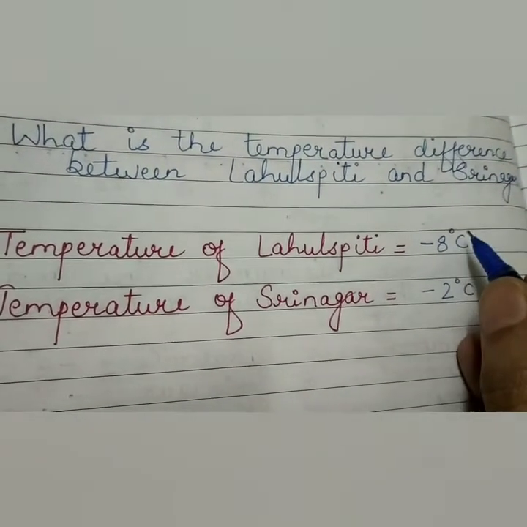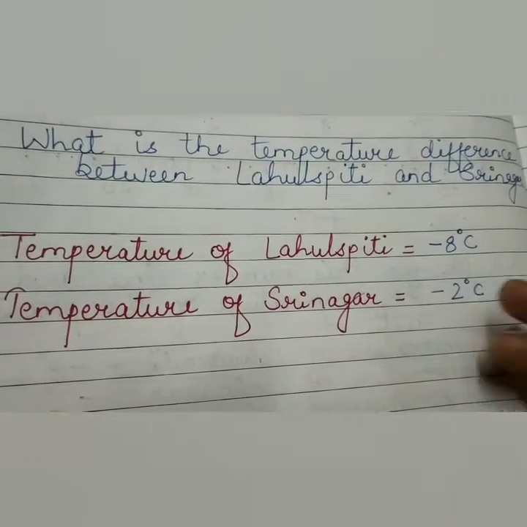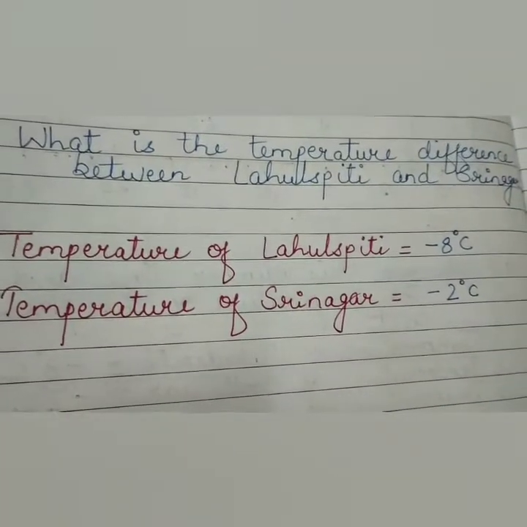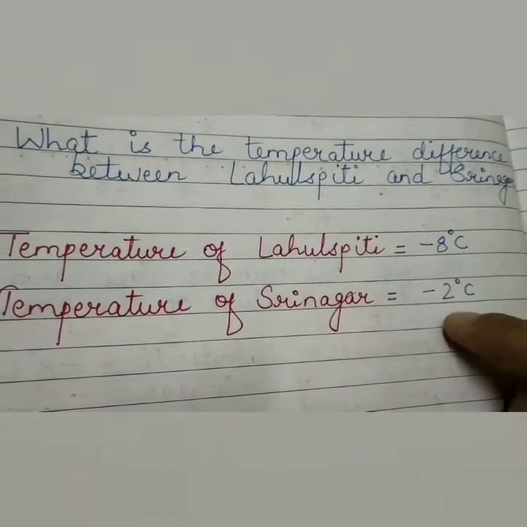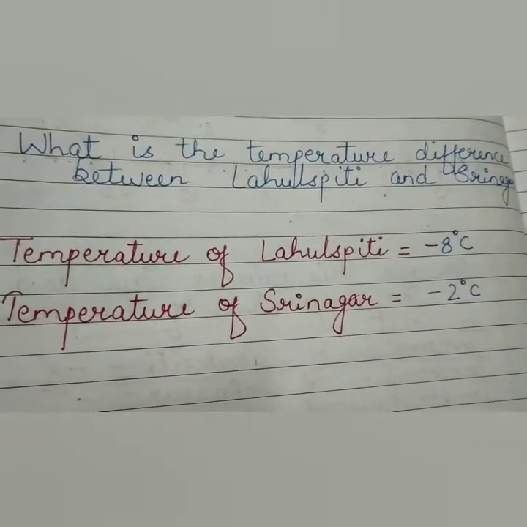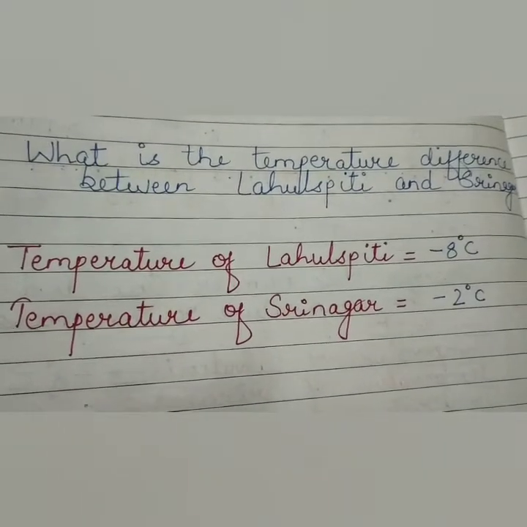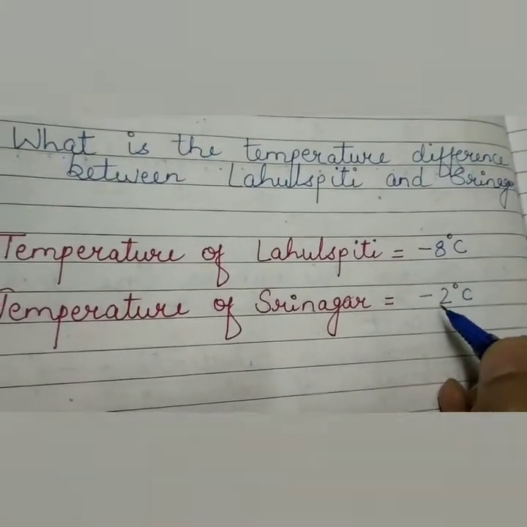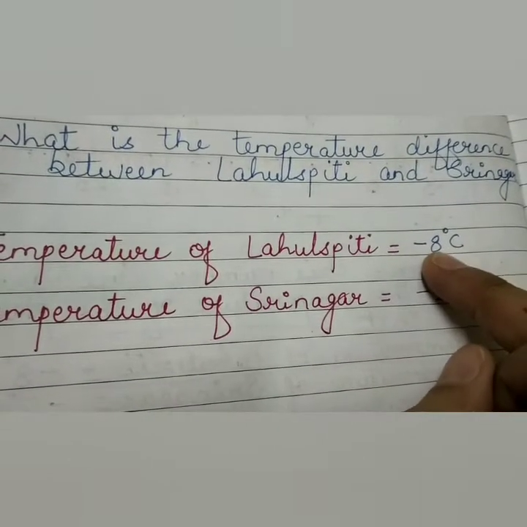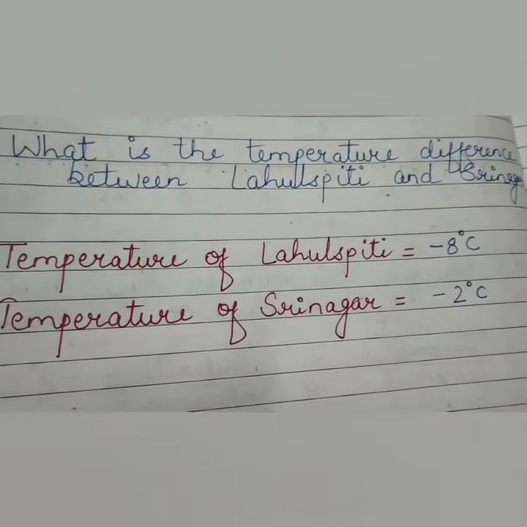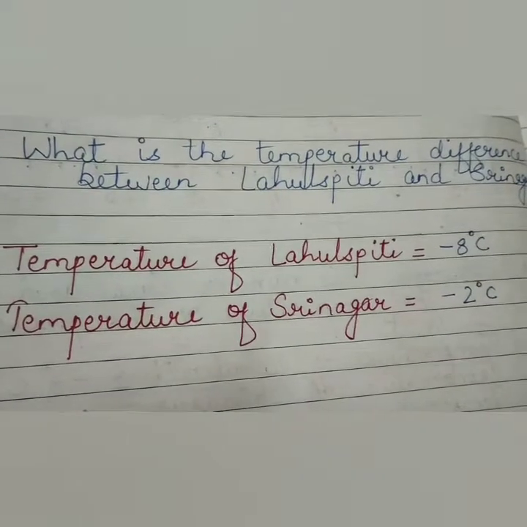Minus 8 degrees Celsius will be smaller compared to Srinagar. In positive numbers, 8 will be a greater value and 2 is a smaller value. But when we are moving in negative integers, the smaller value will be a greater number and the greater number will be a smaller value. I hope you all have understood this.